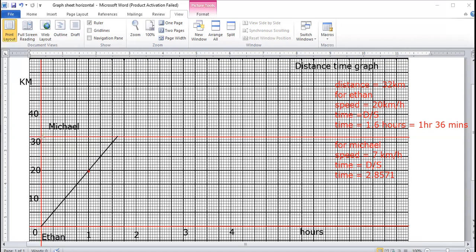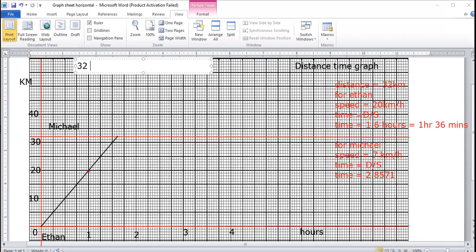Now Michael is standing at the 32 kilometer milestone. When he travels in the reverse direction for 7 kilometers, what will happen?